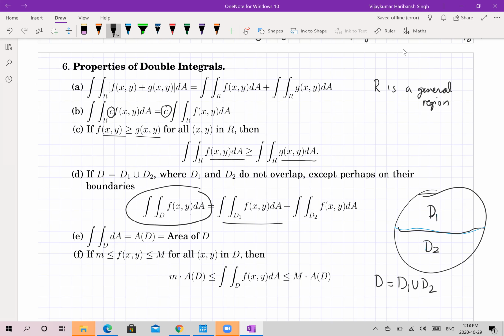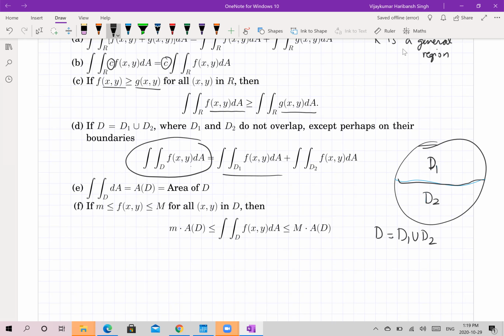Similarly, we have the following. If you integrate 1 dA, you get the area of region D. Not the volume, the area, right?